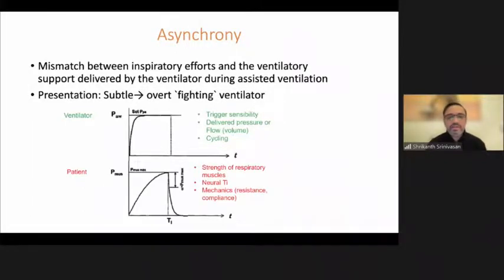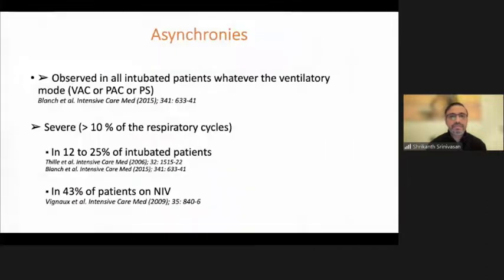Or you can have asynchrony related to the patient's condition. This includes the strength of respiratory muscles and the neural trigger, which may be different from the ventilatory trigger, and that will lead to asynchrony. And obviously, inherent mechanics within the patient, that is the resistance in the airways, the compliance of the lungs, and so on.